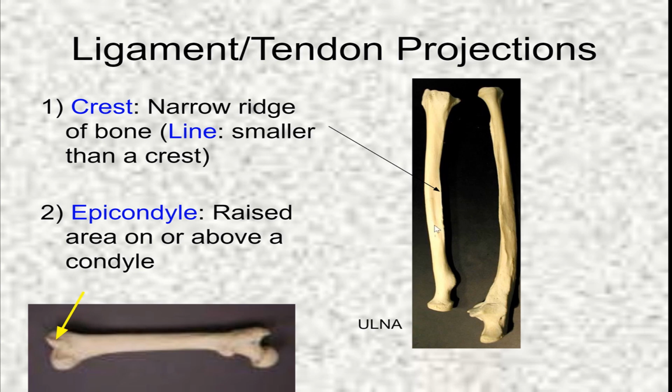So starting with a crest. The crest is a long, narrow ridge. It almost has an edge like a knife. And then you can also have lines, which are a smaller version of this. That's just not quite so much surface area. We also have epicondyles. So these are raised areas on a condyle, and they're where, again, tendons and ligaments attach.